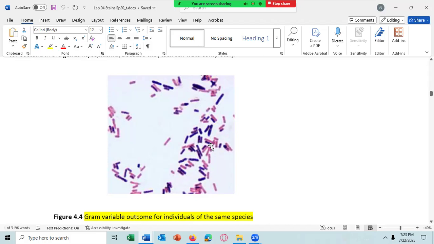But the point is that the gram stain is supposed to be done on cells that are 2 days old or less. And I'll bet you that whoever made this slide preparation did it on cells that were at least a week old, probably 2 weeks old. And every time I've seen the Mycobacterium that students have stained and they got these results, I asked them, how old were these cells when you stained them?